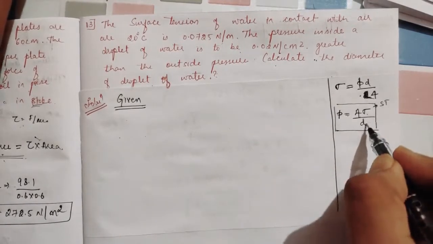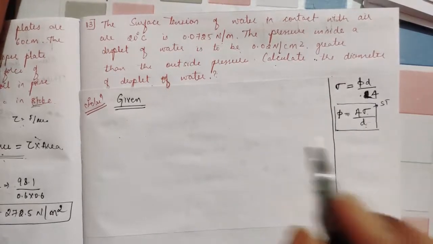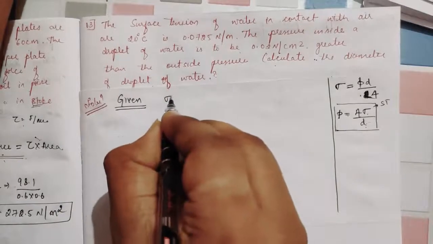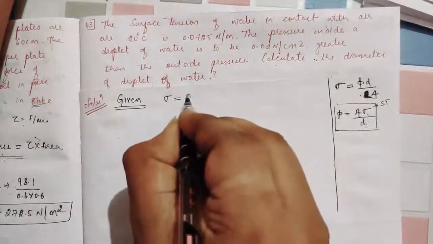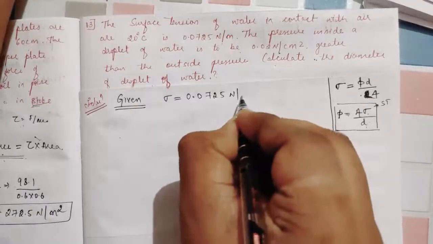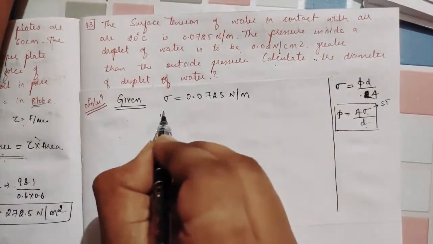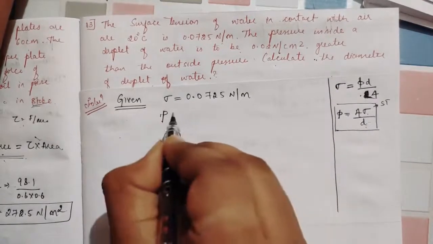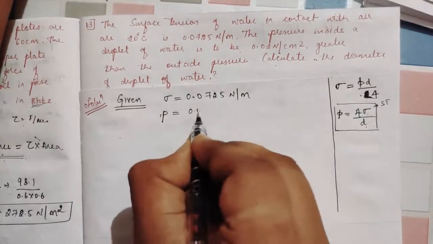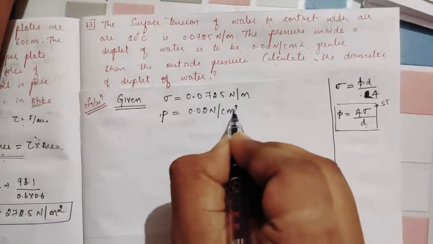Pressure is given, surface tension is given. So what is given, I'll write it. Surface tension is equal to 0.0725 Newton per meter. Next, small p is given, that is 0.02 Newton per centimeter square.